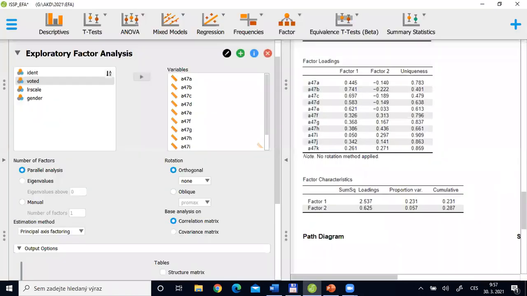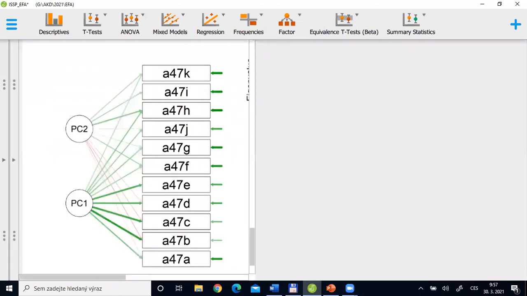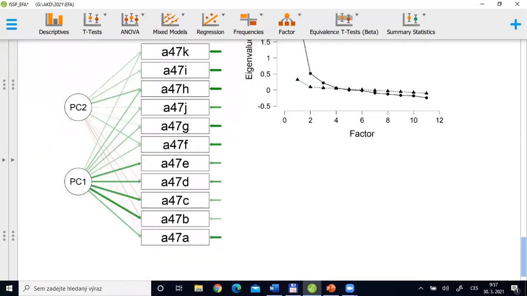If I go back to this path diagram, the picture of my current solution, you can see that here we have the first factor and the second factor, called principal factors. And there is nearly a white arrow between these two components, saying there is maybe no relationship for these dimensions.